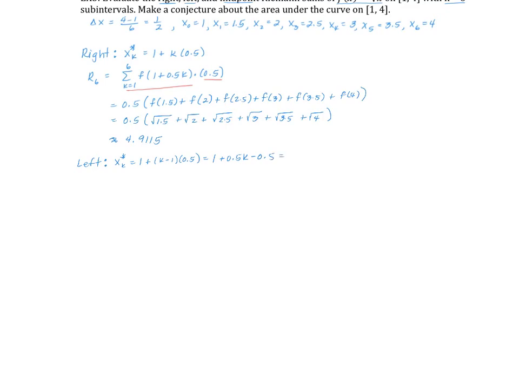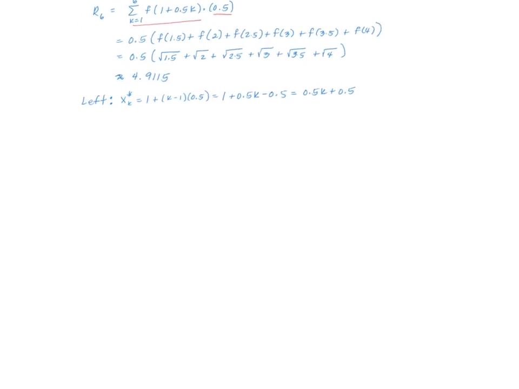Then I can do the 1 minus 0.5 to write this as 0.5k plus 0.5. So that's the x sub k star that I'm going to be putting in my Riemann sum.